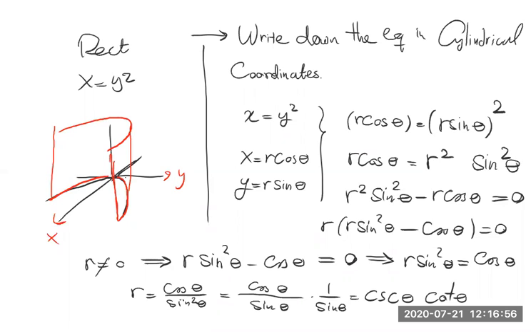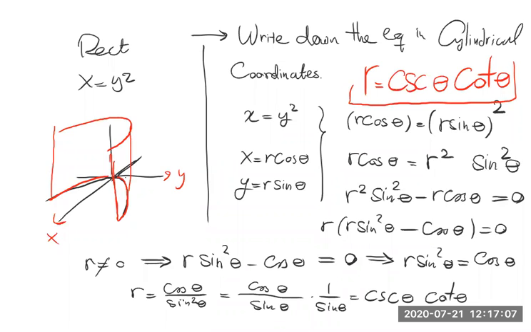That's our equation. R equals cosecant of theta times cotangent of theta. That would be the equation of the surface in cylindrical coordinates.